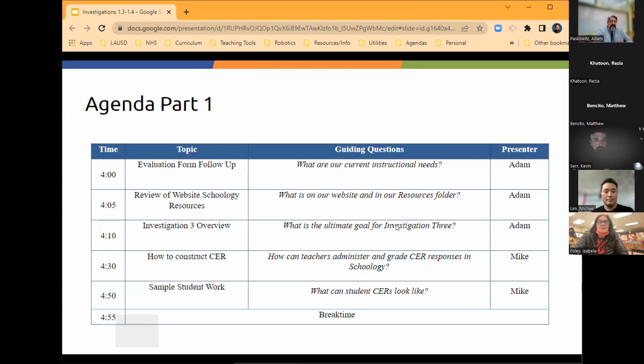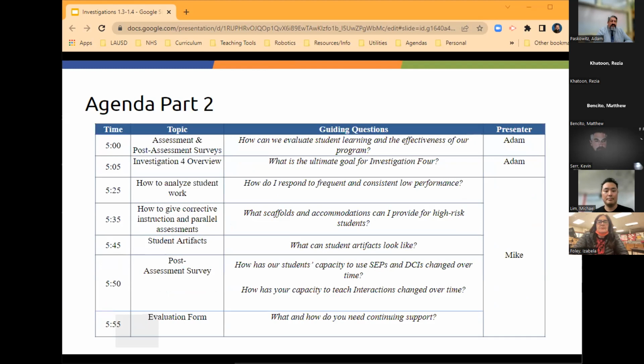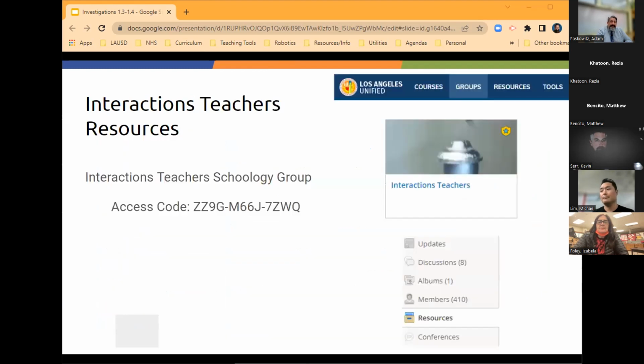So here's our agenda for the first half, and then we will have a separate agenda for the second half. We'll take a little break at 4:55. Here's the agenda for part 2. As I said, in part 2, we'll go over investigation 4, and Mike will go over how to analyze student work.